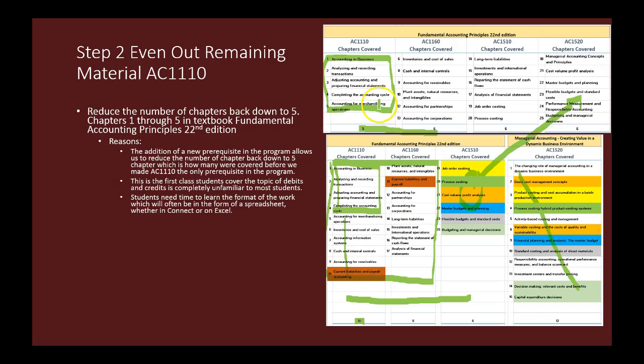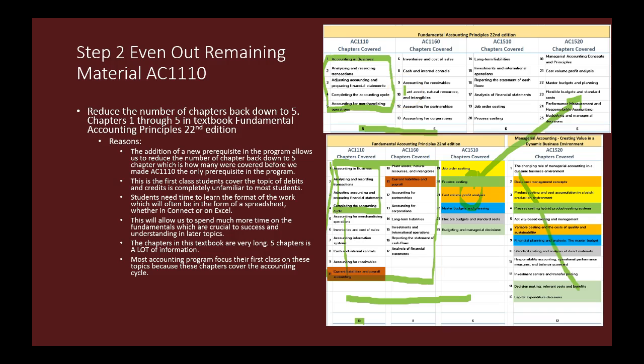Also, they're going to be turning stuff in using Excel or a database program. That really takes a lot more time than what they've done many times in the past, which is turning stuff in as a text document. So for that reason too, I think it would be good to lessen the goal. If we look at other classes and compare to other programs, I think we will find that other programs basically conform to the accounting cycle, which is chapters 1 through 4.